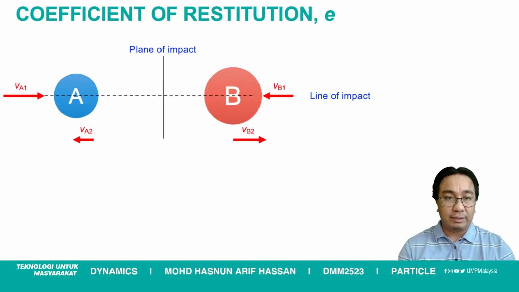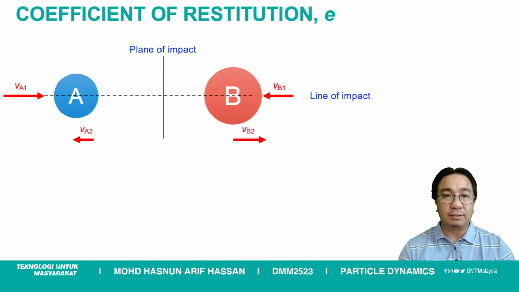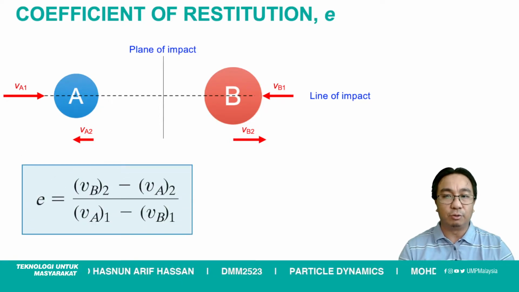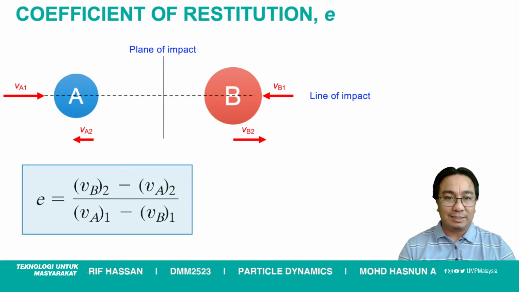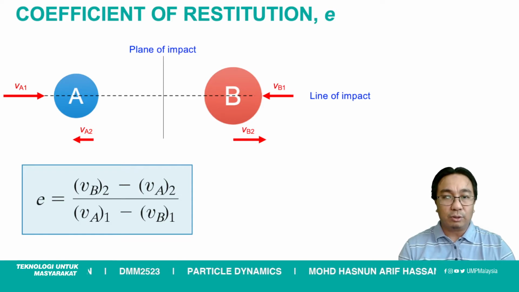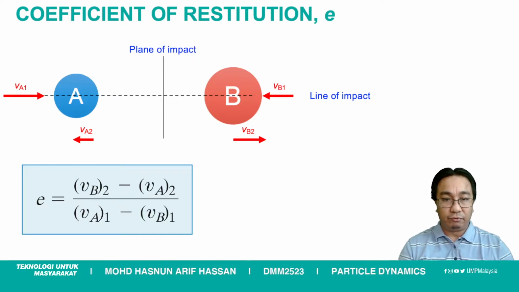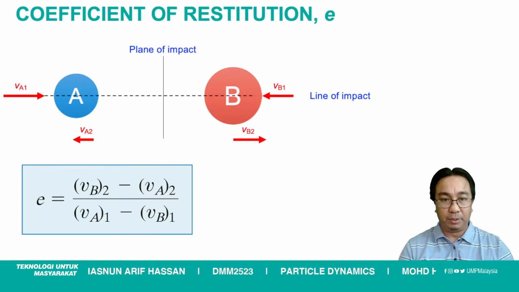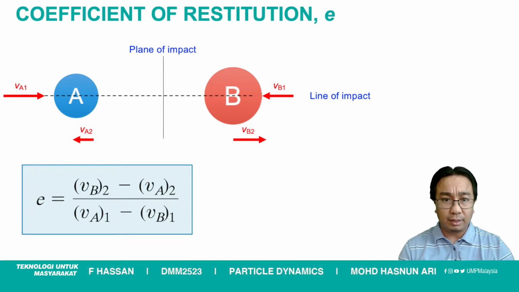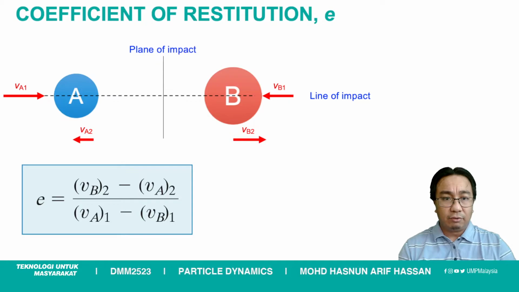The relationship between these four velocities is known as the coefficient of restitution, where e is equal to VB2 minus VA2, the velocities of the particles after the impact, divided by VA1 minus VB1, the velocities of the particles before the impact.